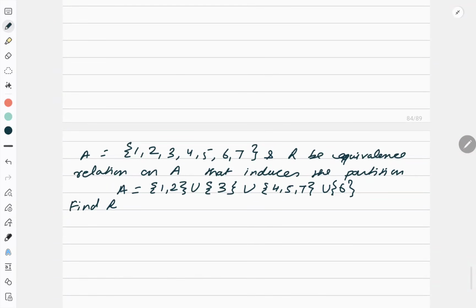Now see, A is given, R is an equivalence relation, and this is the partition.